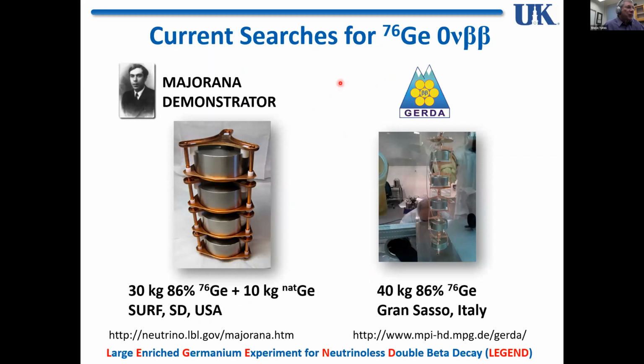Now there are a couple of large-scale searches for germanium 76 neutrinoless double beta decay: the Majorana Demonstrator project in the United States and the GERDA project in Europe, and you can see that they're basically similar in what they're doing in terms of the amounts of enriched germanium 76.